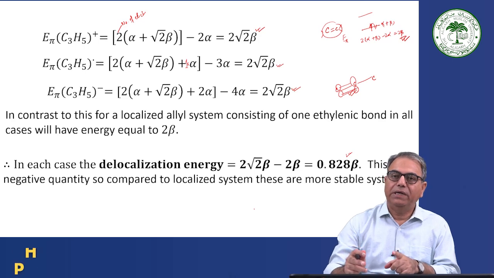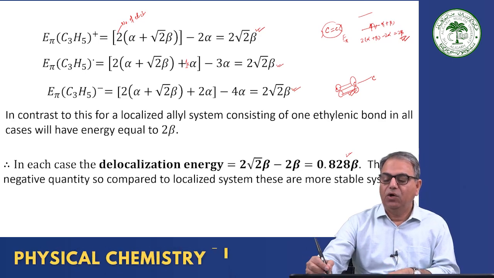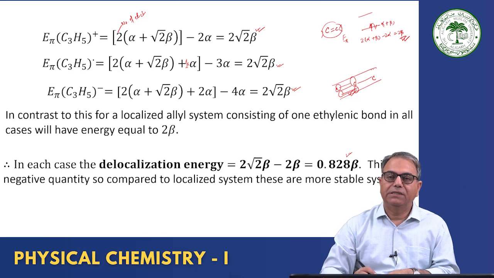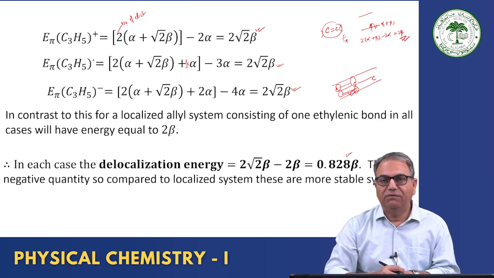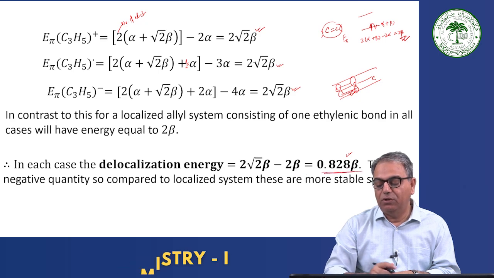If the same 2 pi electrons are made delocalized over 3 carbon atoms in a chain, which is the allyl system, then the energy which you get is 2 root 2 beta. So, this delocalization leads to more stabilization of the system, and you get an energy which is equivalent to 0.828 beta.